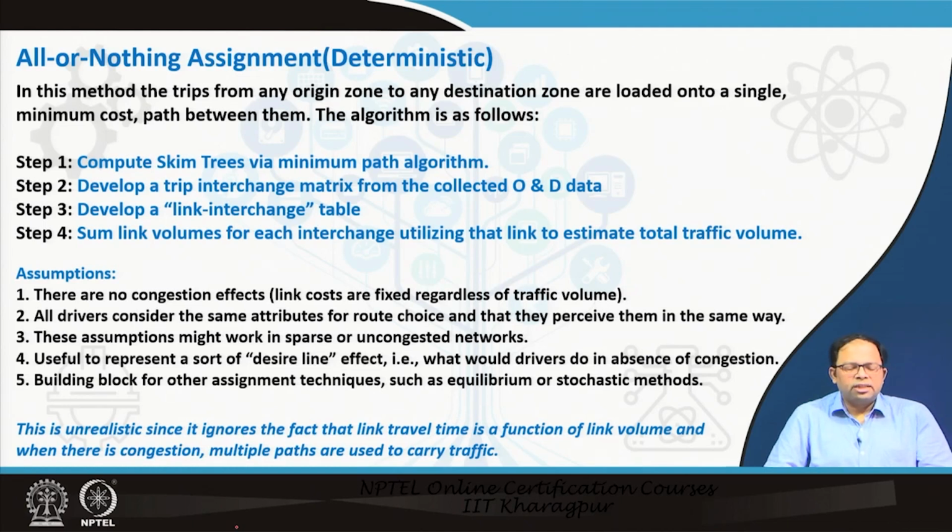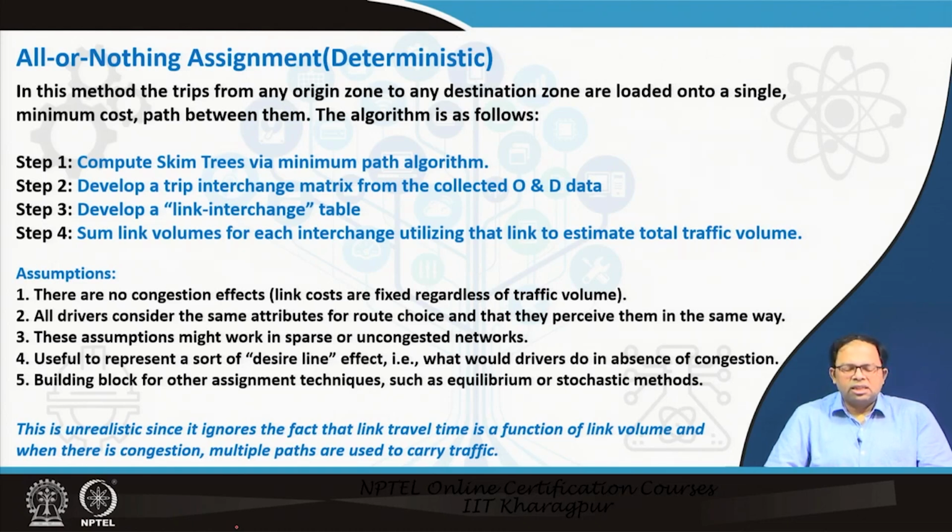This assumes that there is no congestion effect, that is, link costs are fixed regardless of traffic volume. So, even though I am assigning the entire volume to one link, we are assuming that the travel time along that link, that is the link cost, is going to be the same and does not depend on the traffic volume, which is not the case.